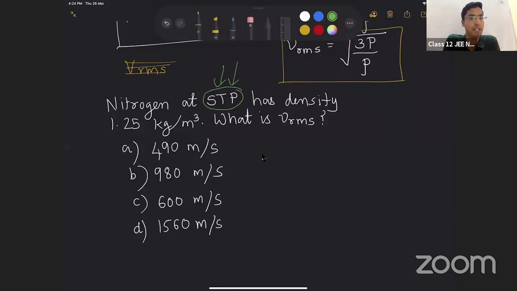So try to remember what is standard temperature and pressure. I'm going to give you 1 more minute to answer this. The formula is known. I've given you the density. I've given you indirectly the pressure. You just need to do a calculation. I can see only 25 people have answered so far. Many of you are, I think, still calculating it. So if you're not getting the poll, type the answer in the chat.